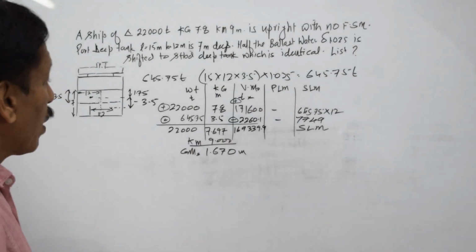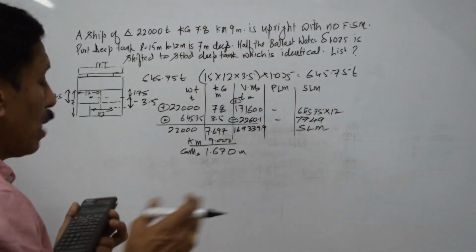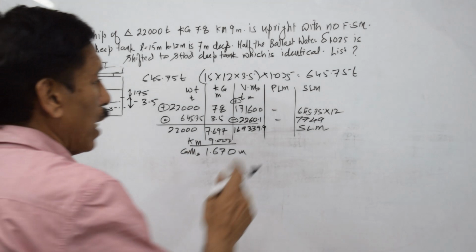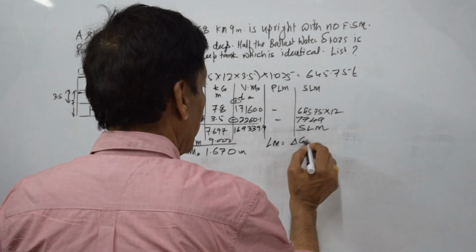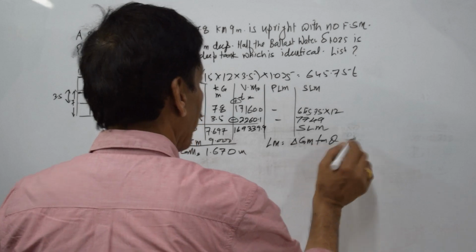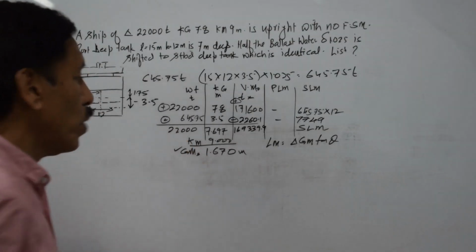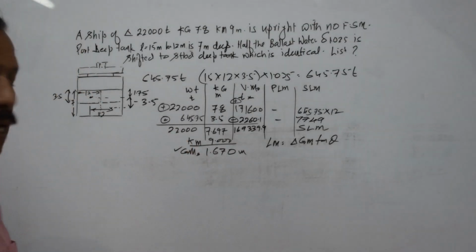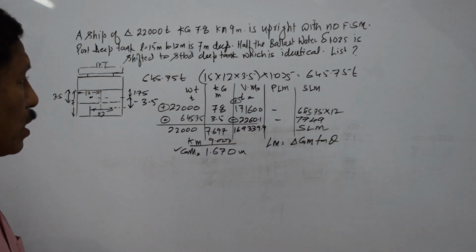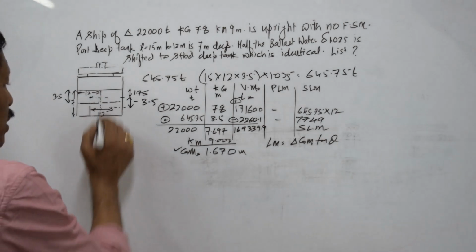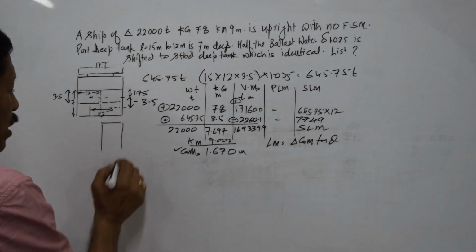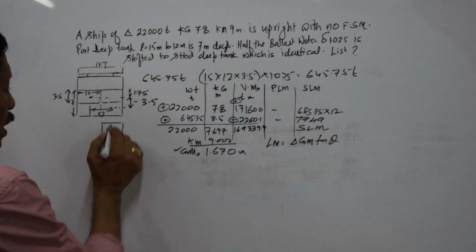Now we still have the same formula as I told you: listing moment is nothing but delta GM tan theta. Now we have the GM here, but we don't have the free surface correction yet. So what is the free surface correction? The plan view of the tank would be like this, and here is the centroid.